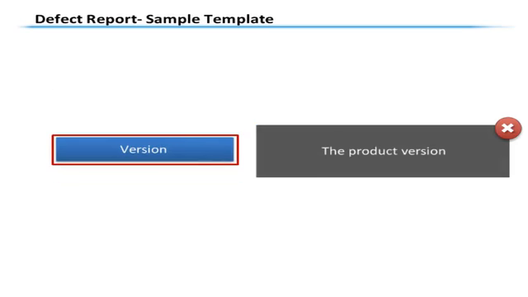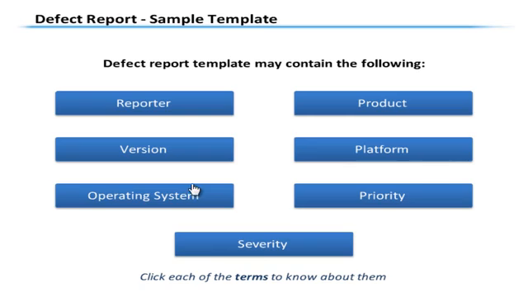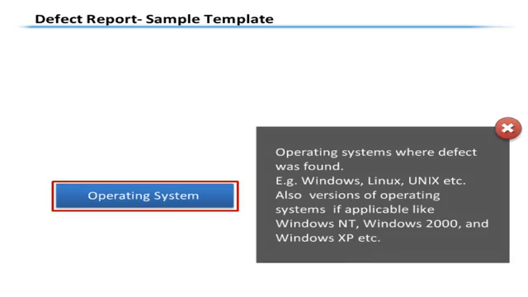The version. You guessed it, this shows the product version. The operating system. This will show details about the operating system like Windows, Linux, Unix, etc. It would also mention the version of the operating system like Windows NT, Windows 2000, and Windows XP, if of course the defect was found on Windows.